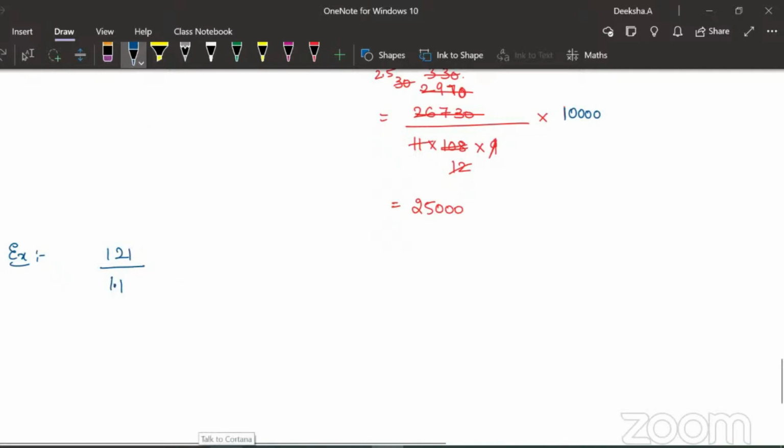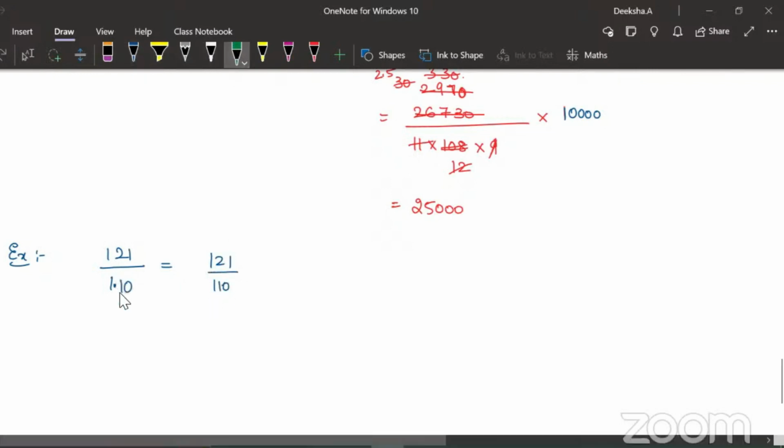Here we have a decimal number only in the denominator. I'll take 1.10. Here, how many digits do we have after decimal point? 2 digits. So we rewrite this fraction without decimal numbers. 121 by 110.